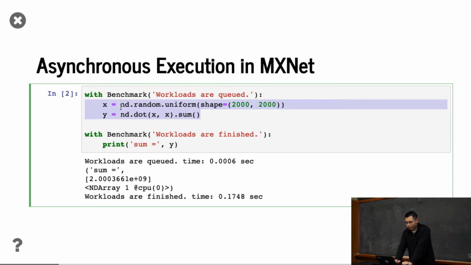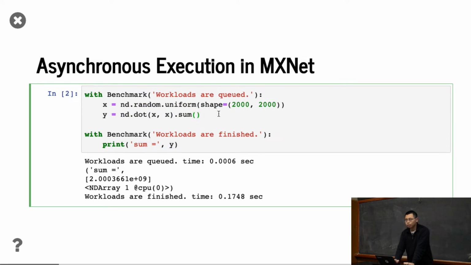We generate a random matrix of 2,000 by 2,000, perform the matrix multiplication, and sum the result to get a single scalar. Both operations are pretty slow because of the large matrix multiplication. And at the end, we print the result.